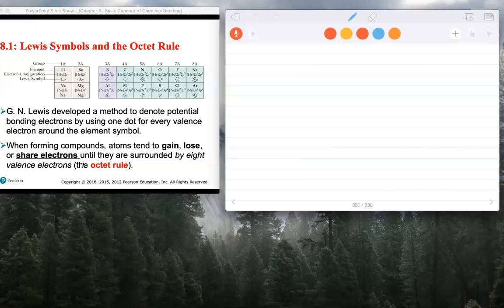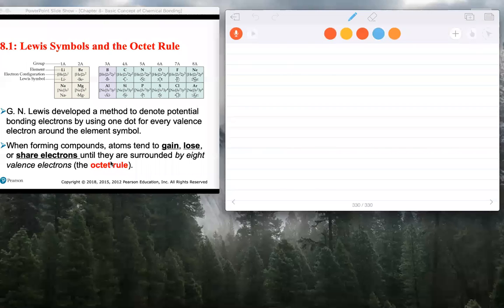Take note of what happens for main group elements: metals tend to lose and nonmetals tend to gain electrons to end up with 8. So in the process of forming chemical bonds, they either lose, gain, or share.